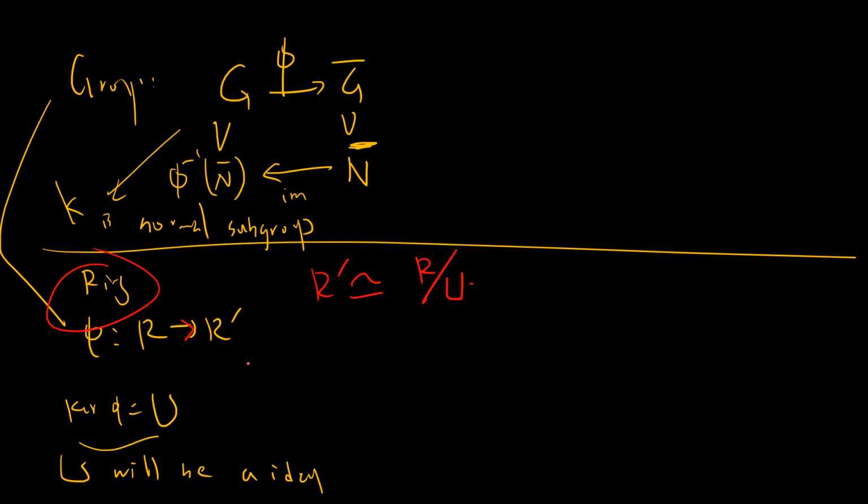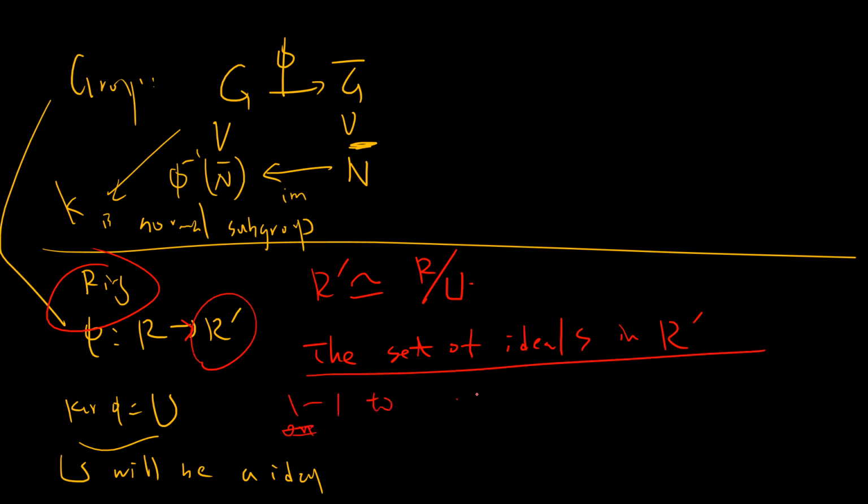Moreover, the correspondence says that, let me just write in words, the set of ideals in R prime corresponds one-to-one to the set of ideals in R containing U.